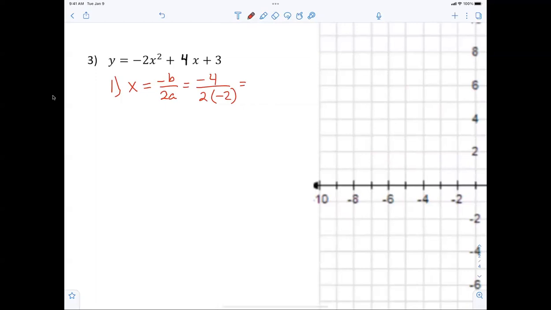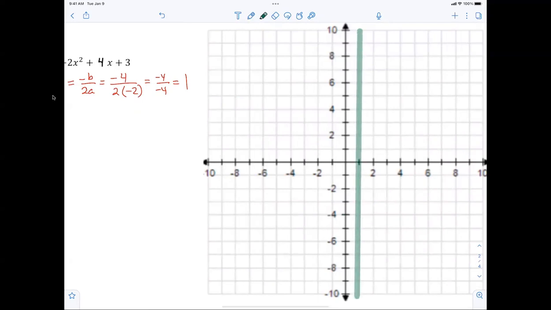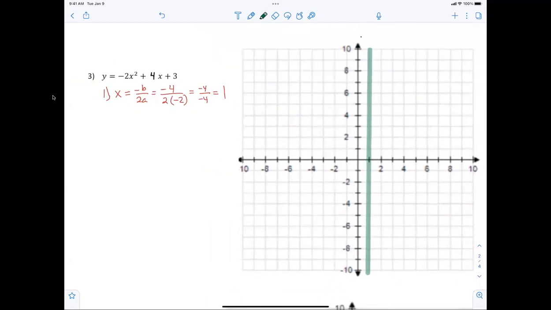Now, simplify that: -4 over -4 is what? 1. So x equals 1 is our axis of symmetry. As you can see, I'm drawing my axis of symmetry at x equals 1. Anybody have a problem with that?